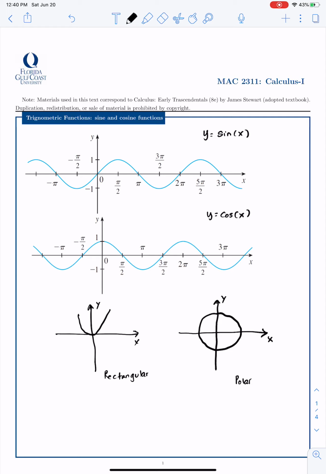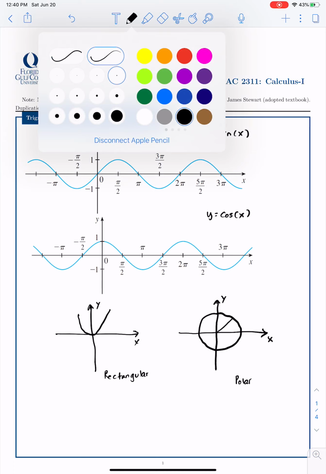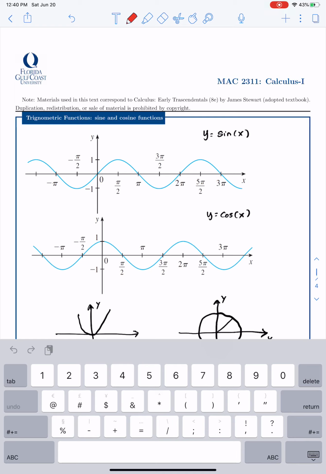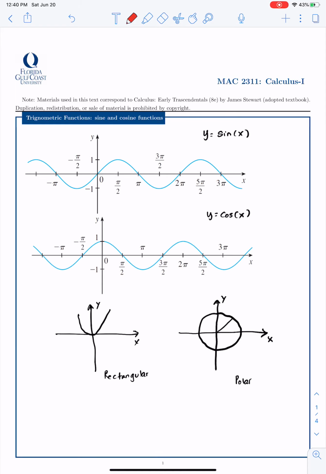So a key thing to note in a polar coordinate system is the angle theta. So what do I mean by that? If I draw a line that way, that particular line has an angle with respect to the axis being the x-axis, so we would have an angle of theta.